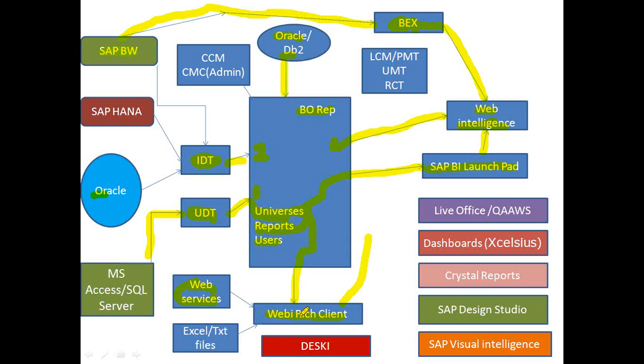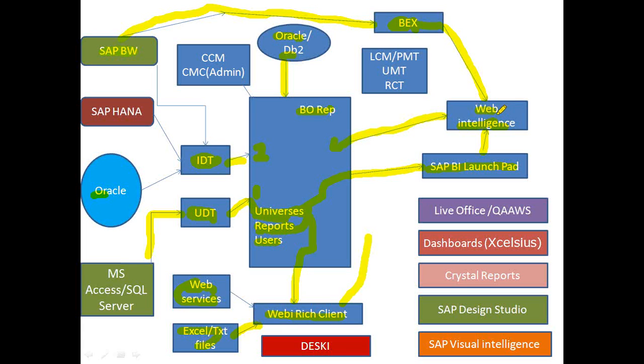You can also create a Web Rich Client report using Excel and text files. That means you can connect to flat files like Excel and text files, and create reports using Web Rich Client.